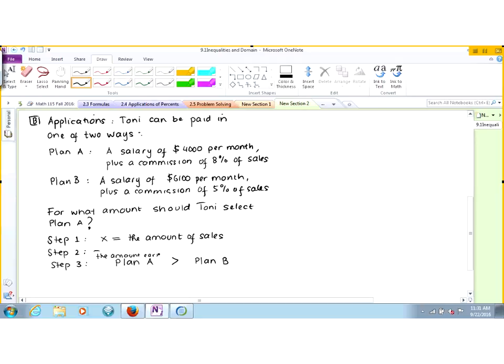The amount earned in plan A is greater than the amount earned in plan B. Does that make sense? Okay, or I could just write down plan A is greater than plan B.